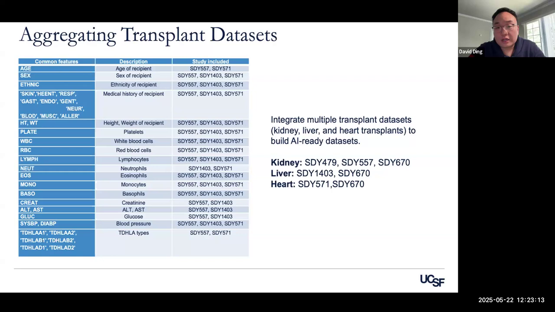Although some of the studies were conducted by different groups and have different specific focuses, some on kidney, some on liver, they share some common features, for example age, ethnicity, height, and weight. So this provides a very good opportunity to analyze these different studies simultaneously and connect them with each other.